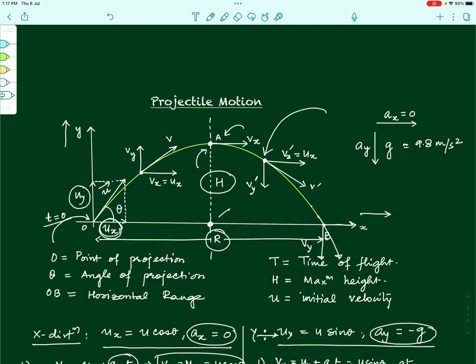So, this point is at R by 2, half the horizontal range, and the y coordinate of the point A is nothing but the maximum height H. So, what you can try doing is put x = R/2 in the equation of trajectory and check that the y value corresponding to that comes out to be H. Or you put x = R, which corresponds to the point B, and you see that you get the y value to be 0.